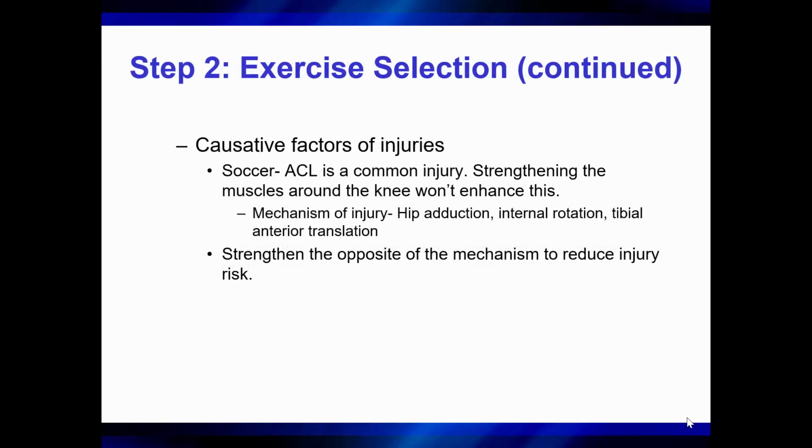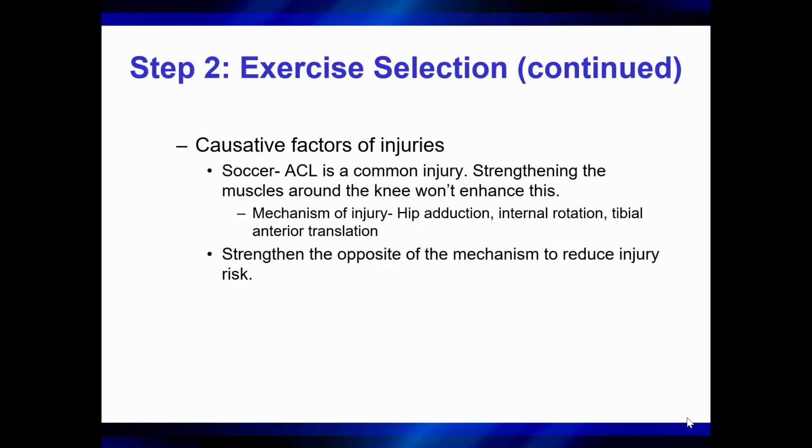Now, along those lines, I like to look at what are the causative factors of injuries within that sport. An example that I often give is that my first team that I was ever given was a women's soccer team. And I knew that the ACL was a common bad injury, so I thought if I strengthened the muscles around the knee, that they would prevent the incidence of the injury.